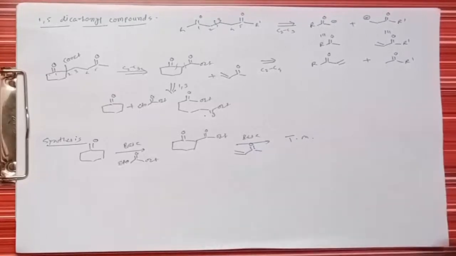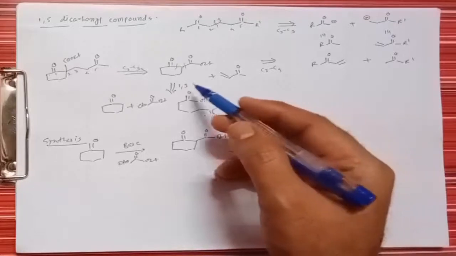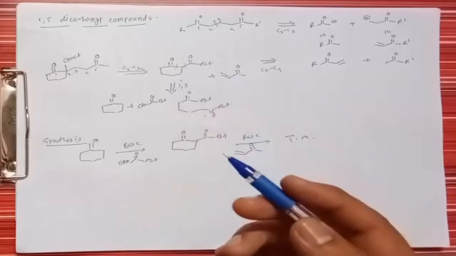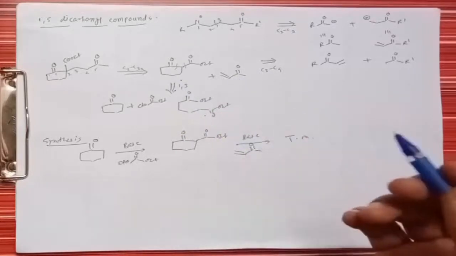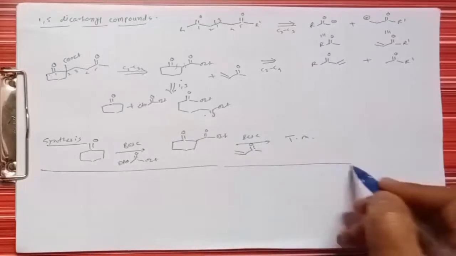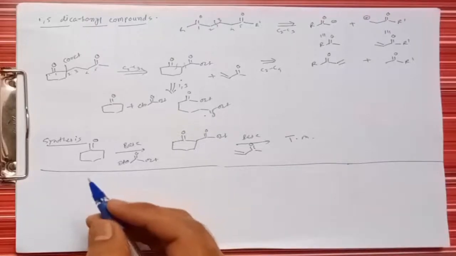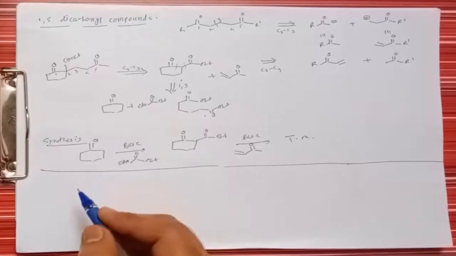So this is simple. Or we can take this ester, which undergoes Dieckmann cyclization with base and gives this molecule, and treating it with this olefin gives the 1,5-dicarbonyl pattern compound. So this is the simple method to get a good disconnection pattern in the 1,5-dicarbonyl compound.